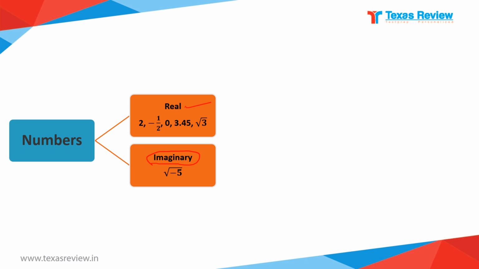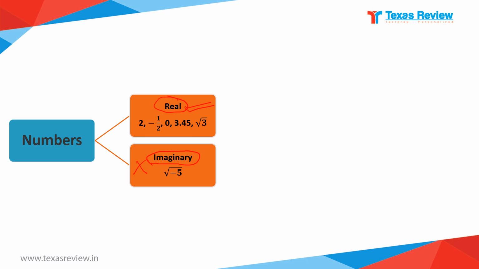All the numbers that exist are real, and the numbers that do not exist, for example, square root of negative numbers, are called imaginary numbers. And for us in GRE, if the problem talks about a number, we need to consider it as a real number. We don't deal with imaginary numbers in GRE.